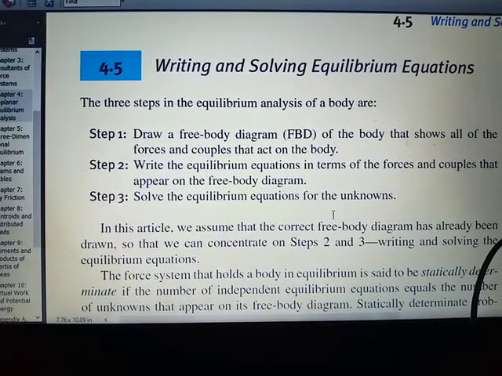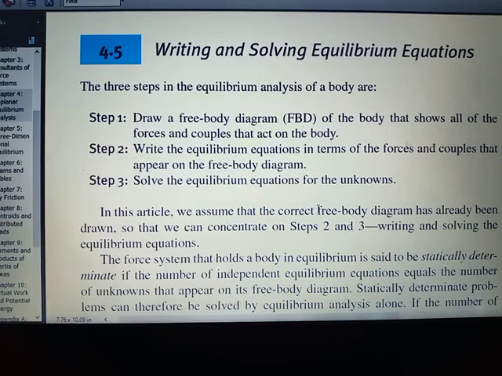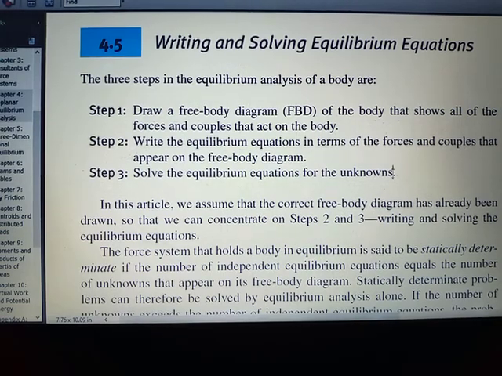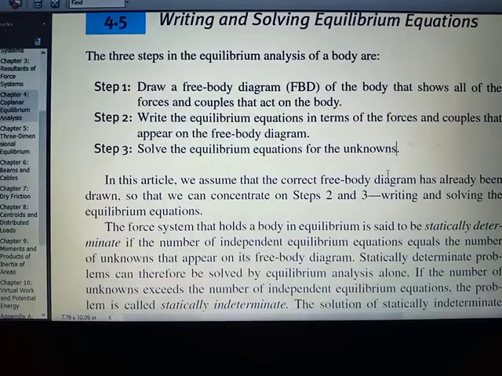The three steps in the equilibrium analysis of a body are: draw a free body diagram of the body that shows all of the forces and couples that act on the body. Then write the equilibrium equations in terms of forces and couples that appear on the free body diagram. And 3, solve the equilibrium equations for the unknowns. Okay? So, yan yung tatlong step natin.